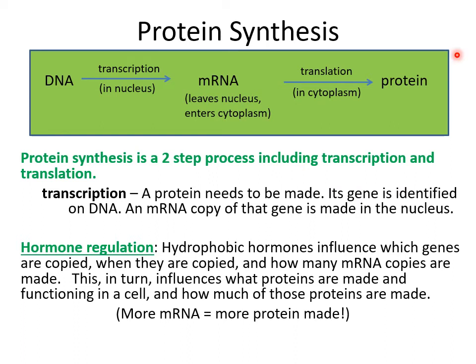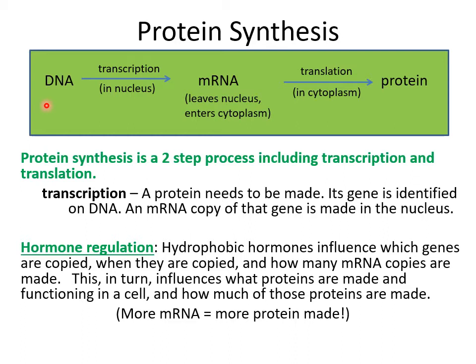The process of protein synthesis is the following. In the nucleus, we have DNA, and it has the information on how to make every protein a human cell could possibly need. Every protein in the human body.